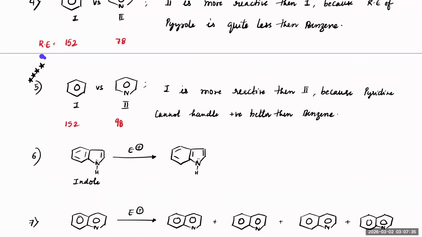So this is an exception. That's why I marked it. It is an exception where benzene overpowers the pyridine case. Clear? So 1 is more reactive than 2 because pyridine cannot handle this positive charge better than benzene.